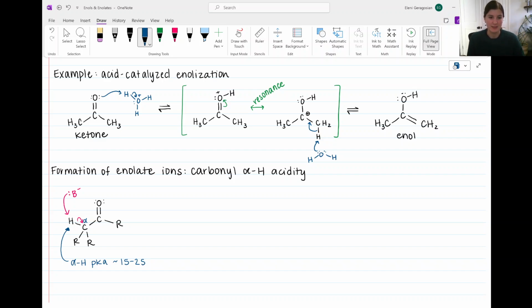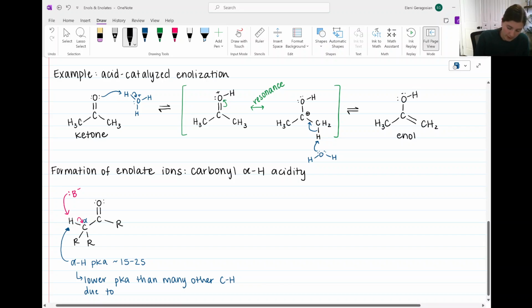Not a very low pKa, right? This is not a strong acid, but it is a lower pKa than many other hydrogens that are bonded to carbons. And we'll explain why. Let's draw some structures and then we'll finish off that sentence.